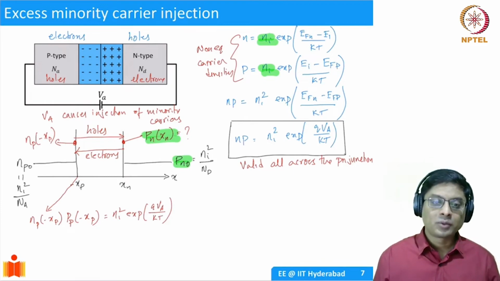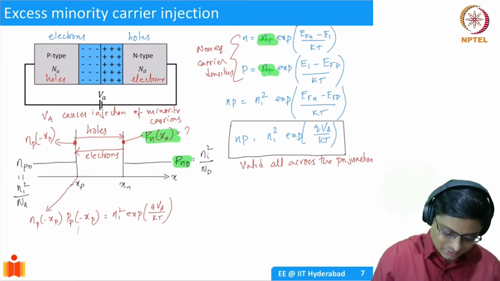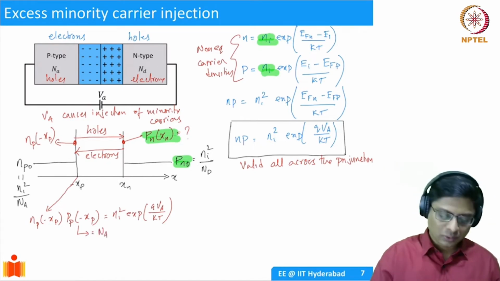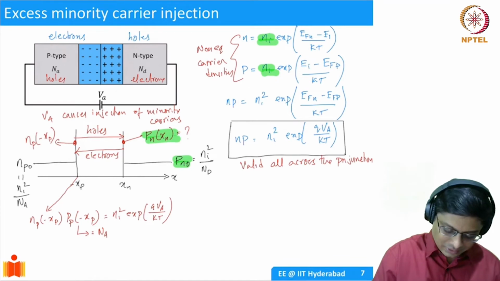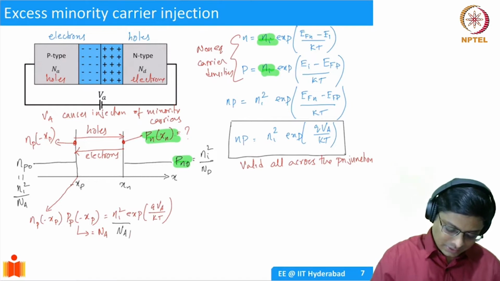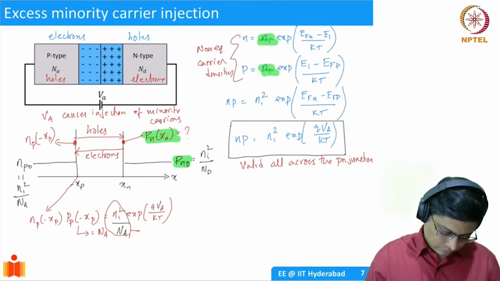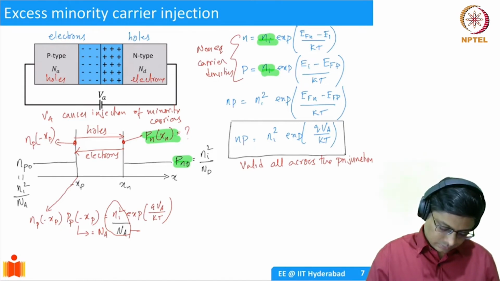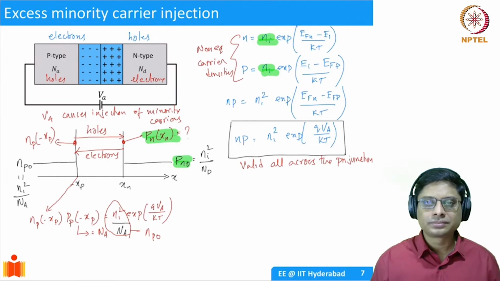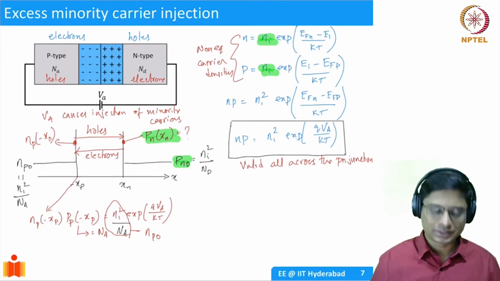What is the number of holes in the P-type semiconductor? This is going to be equal to Na. So I'll simply move this Na to the other side and divide by Na. And if I do this, this is going to be np naught, the equilibrium density of electrons.